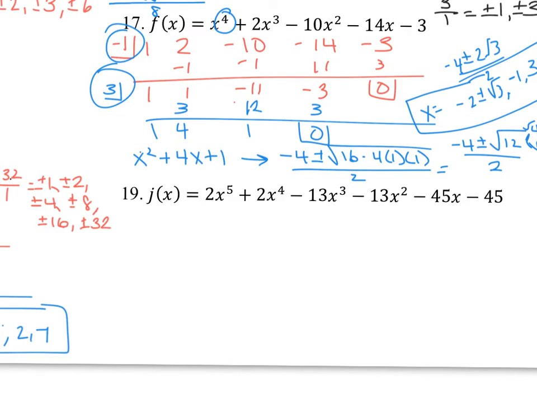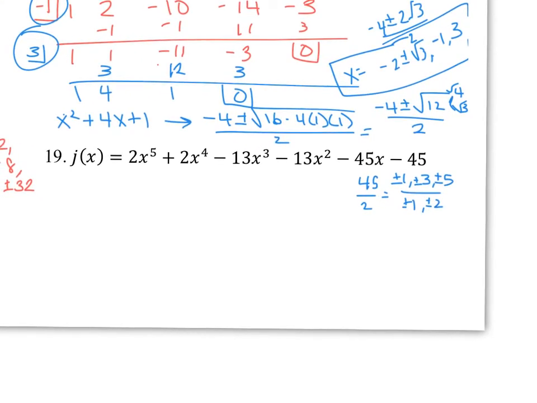So let's go ahead and find P over Q. So P is 45 and Q is 2. So that's plus or minus 1 and plus or minus 2 on the bottom. 45: plus or minus 1, plus or minus 3, plus or minus 5, plus or minus 9, plus or minus 15 and plus or minus 45.